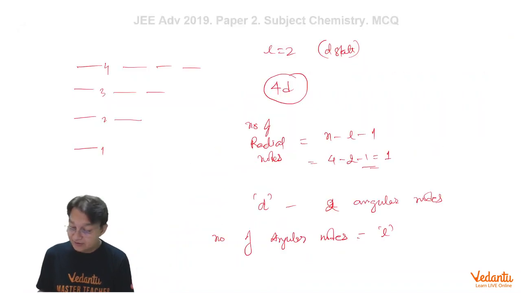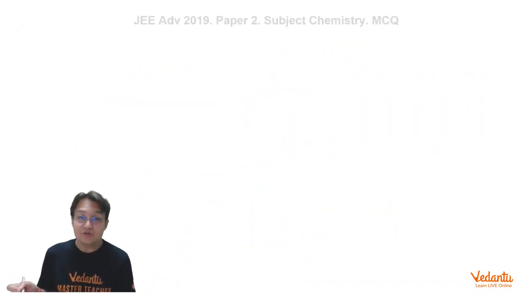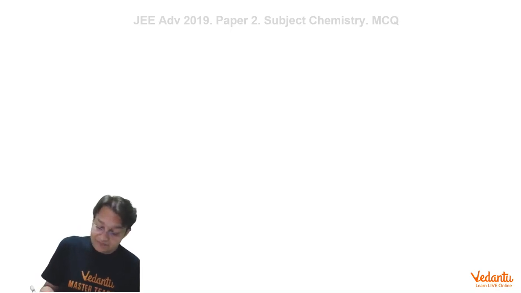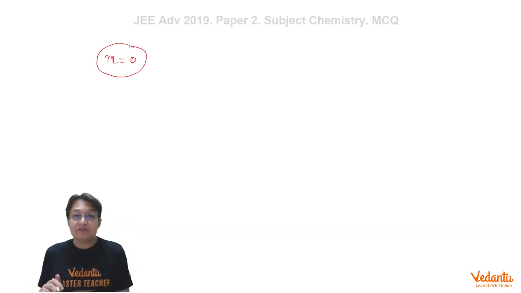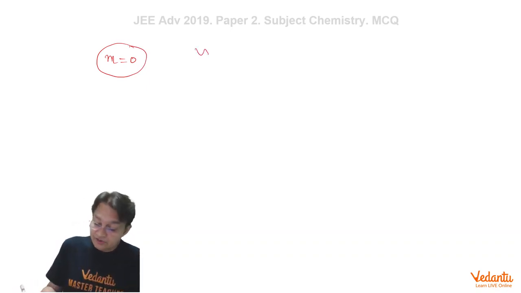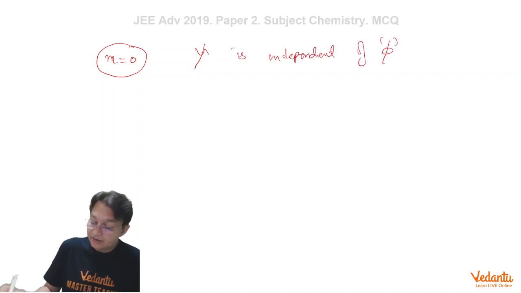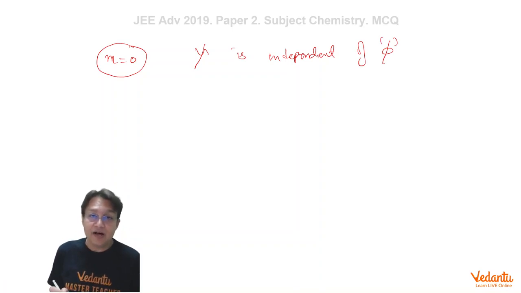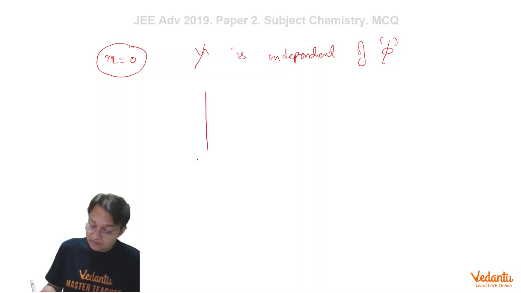And if you're interested in what these two angular nodes are, since it has been given that m is equal to 0, whenever m is equal to 0, it means that the wave function or the quantum state is independent of phi. And if it is independent of phi, that clearly means that it must be a z orbital. Why?